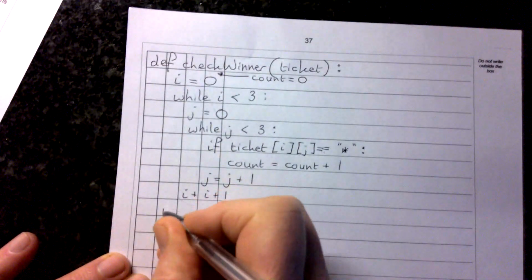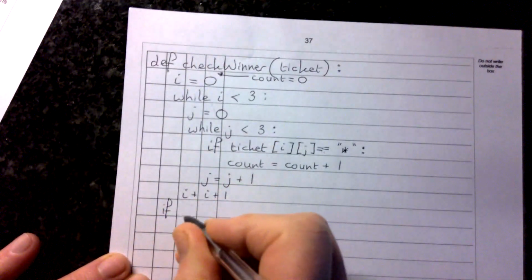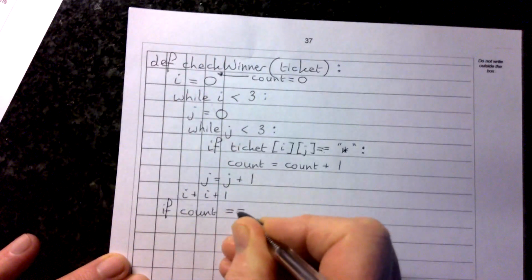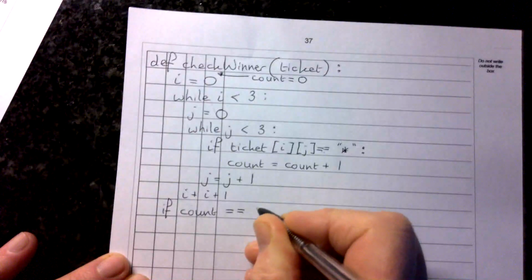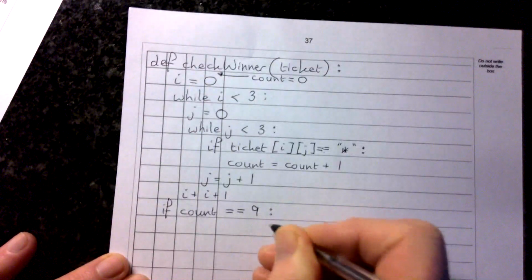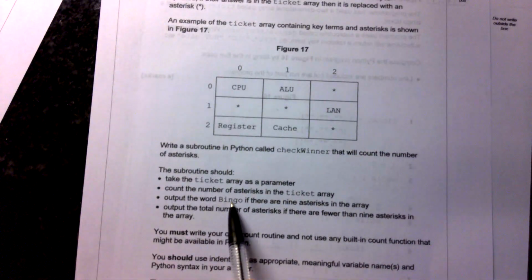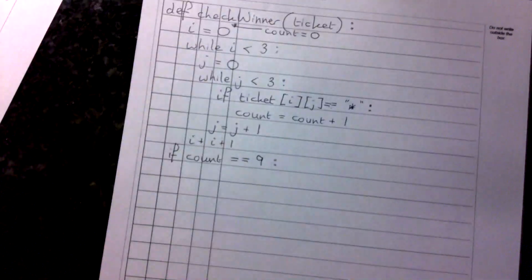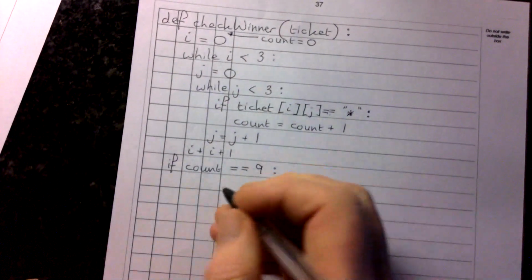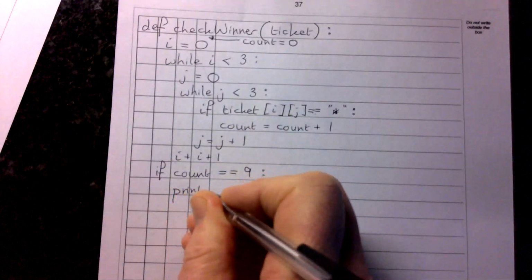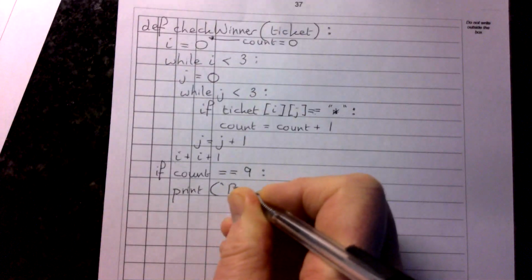So if at the end of all that, count equals, remember this time to write the double equals, count equals 9, we are told that we output the word bingo. Okay, so if count equals 9, we print bingo.